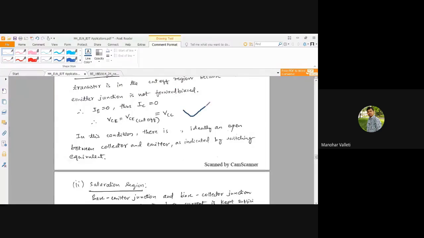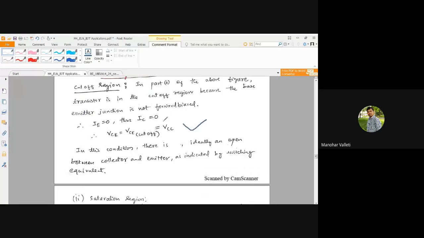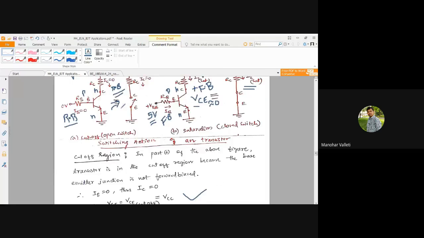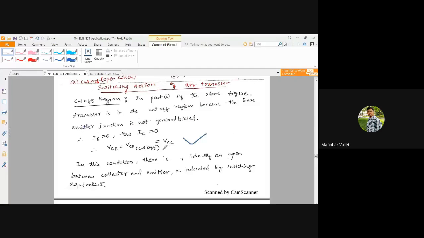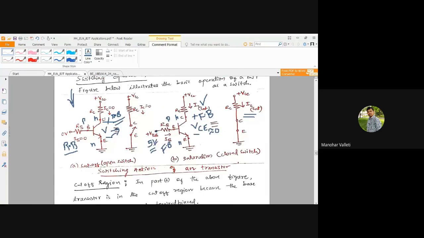So that is what I explained here with the help of equations. In the cutoff region, VCE is VCE cutoff. You again apply KCL. The second sign of this supply is minus, plus minus, right?